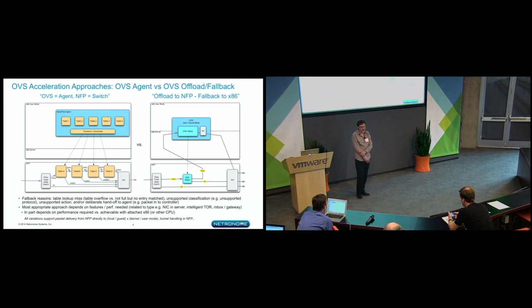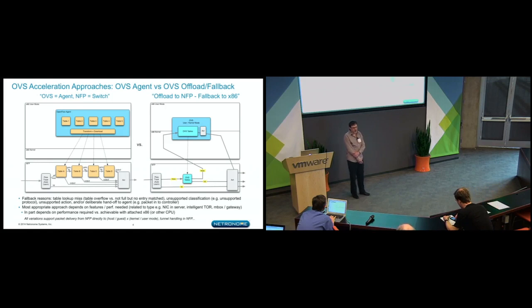So if there's a miss in the offloaded OVS table, you go to user mode. It just says miss on the diagram, but it could also be the table having overflowed, or things like unsupported protocols, unsupported actions, deliberate handoff to user mode to go to the controller for packet in, etc., etc.